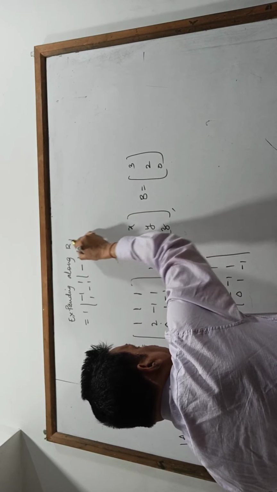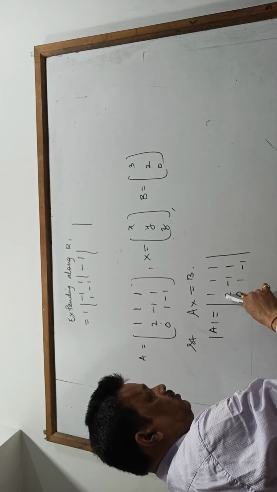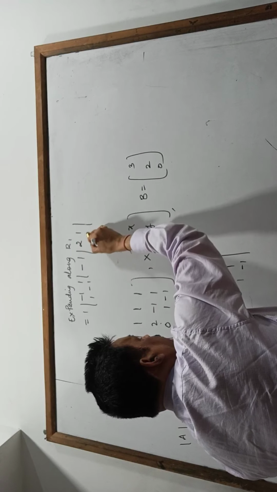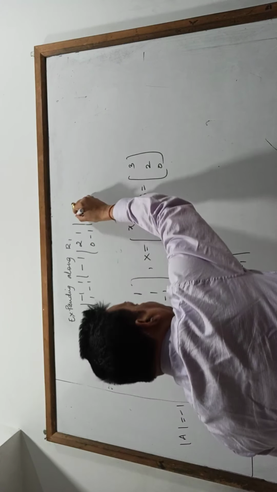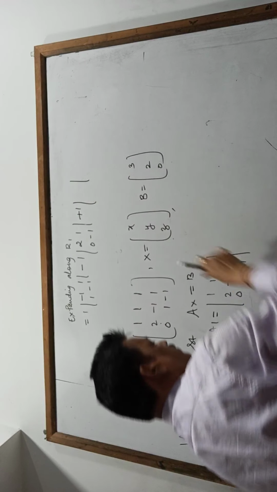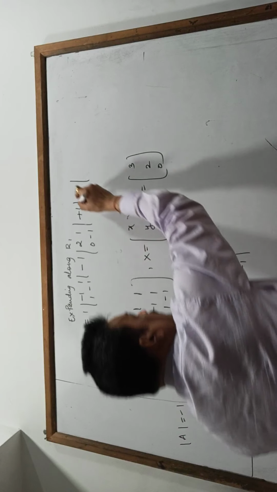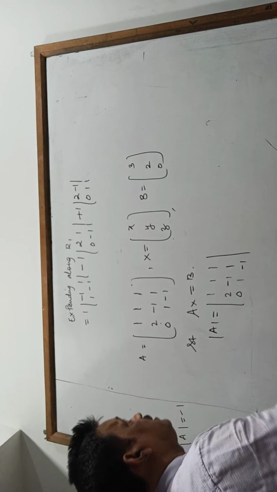Then minus sign. Minus of 1. Forget this line. |2 1; 0 -1|. Then plus 1. Forget this line. |2 -1; 0 1|. What do you get?